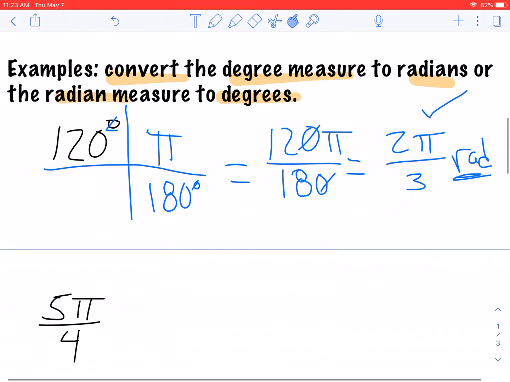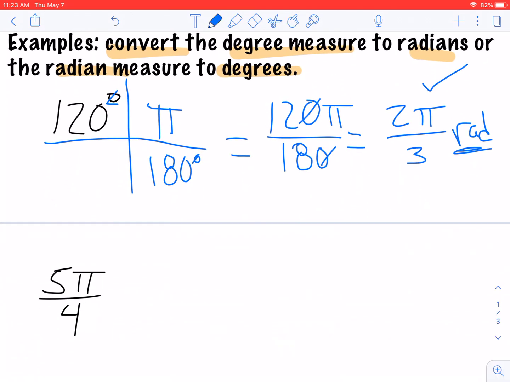The other way that the question could be asked is that it could be given to us in radians. So then our conversion factor switches slightly because we're going to use the 180 in the numerator and then pi radians in the denominator.